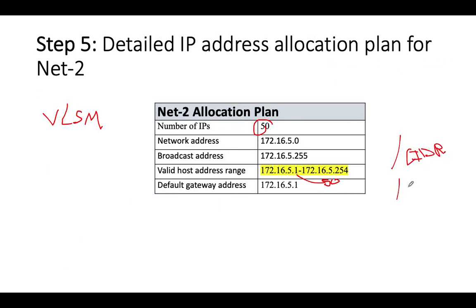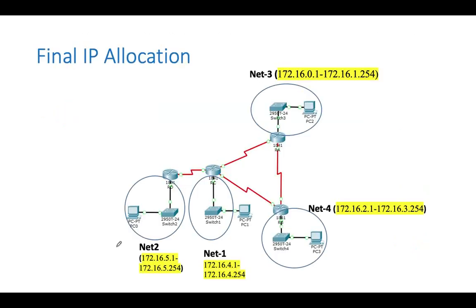For example, one of them will be slash 26, the other will be slash 27 or slash 28. However, VLSM is totally away from your studies. You just need to go with the basic concept, which is allocating blocks out of 256 IPs.